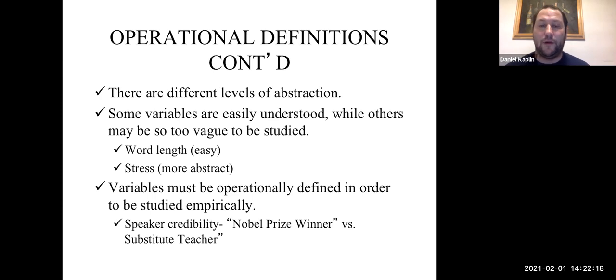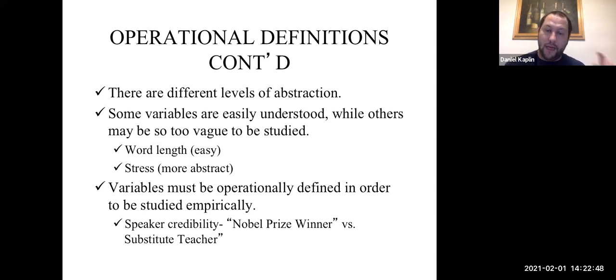Something like speaker credibility. How do we define speaker credibility? Well, we might have an essay written by, quote, a Nobel Prize winner and compare that to an essay written by a substitute teacher, in quotes, and compare the relative endorsement of the things said in that essay. Well, the higher rates of endorsement would reflect greater credibility.